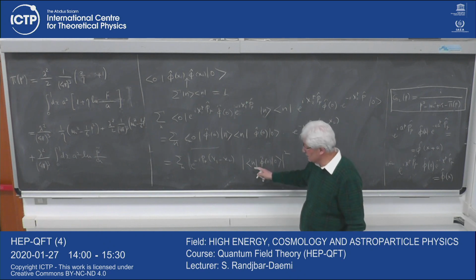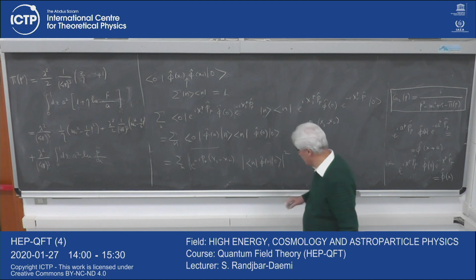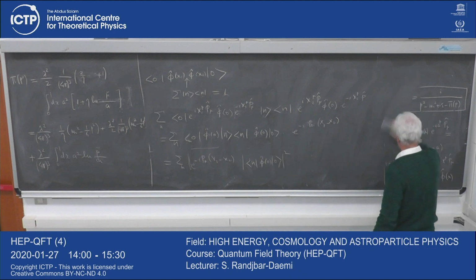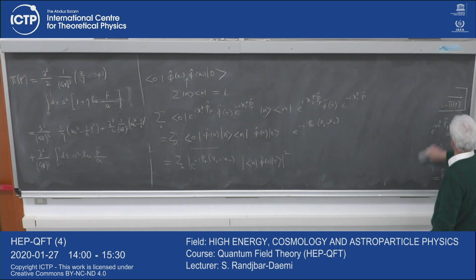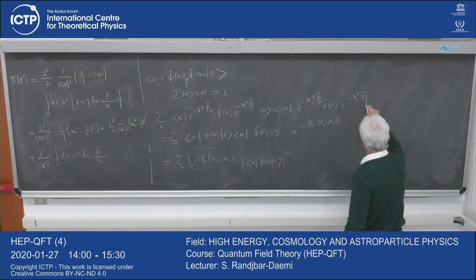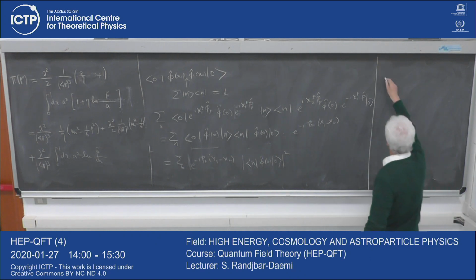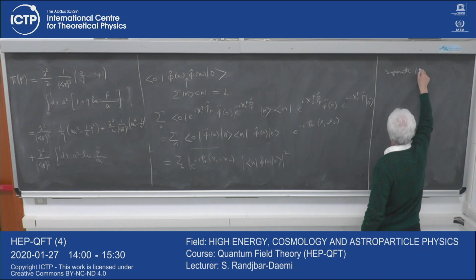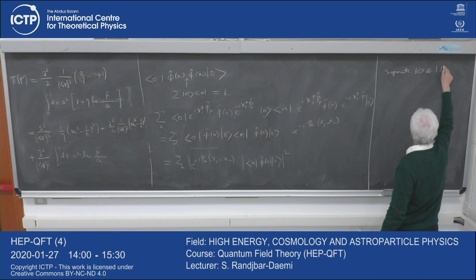We are going to separate the contribution of the single particle states, and then write the rest. So let's do this. So separate the ground state and the one particle states.